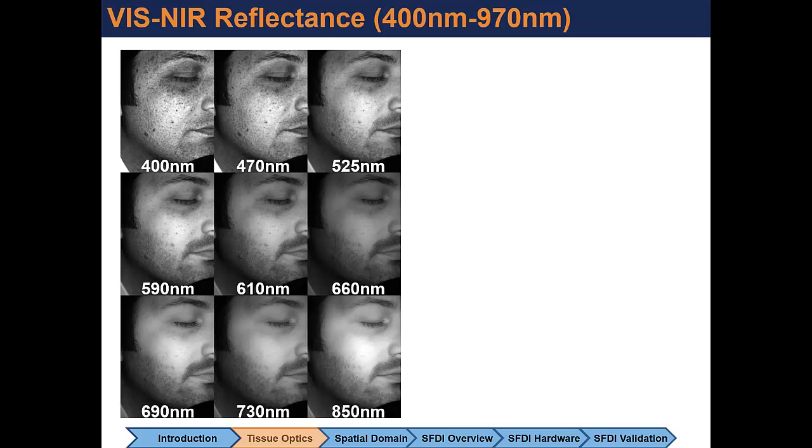As you go through the visible, you notice that the light becomes a lot blurrier. The camera is just as well focused, but the light is much blurrier. And that's because the absorption is lower and the scattering is lower, and that means the photons can go a lot deeper into tissues before they come out. And the impact of that is that the photons go around and they basically do optical smoothing for you.